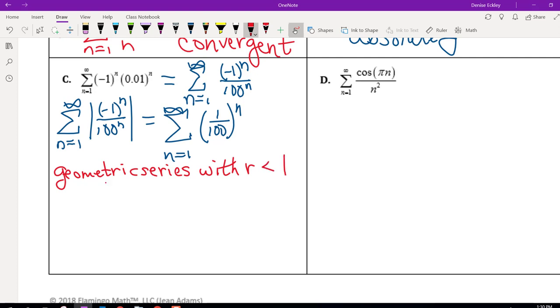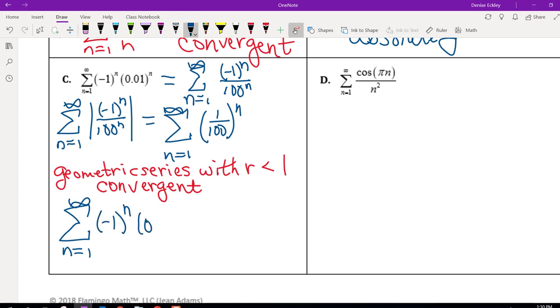So this is convergent. So I can say that my series, since the absolute value converges, converges absolutely.